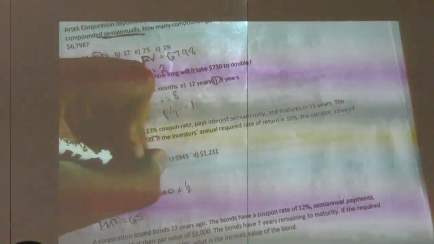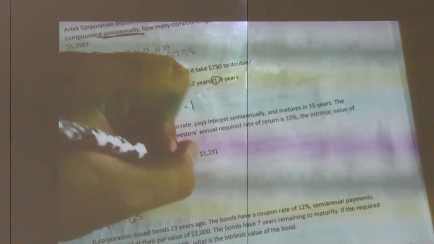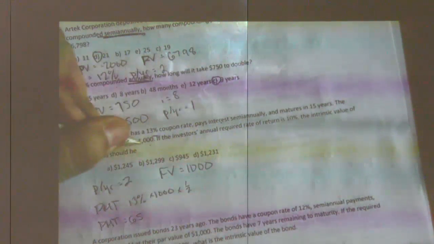So that's your payment. Par value is always your future value, and they want to find intrinsic value. So that means you want to find what your present value is, and our interest is going to be 10%. Does that make sense? Just writing down what you know.